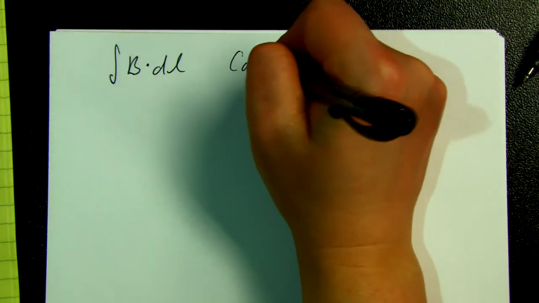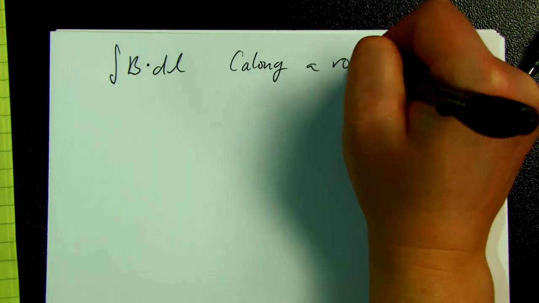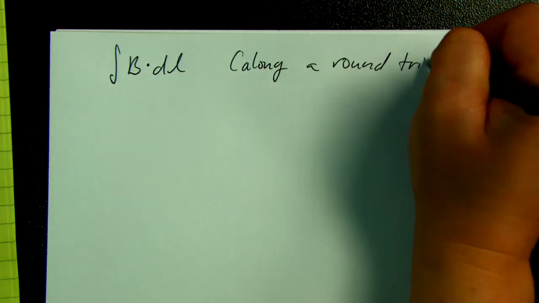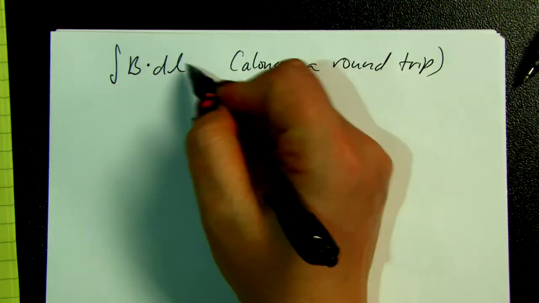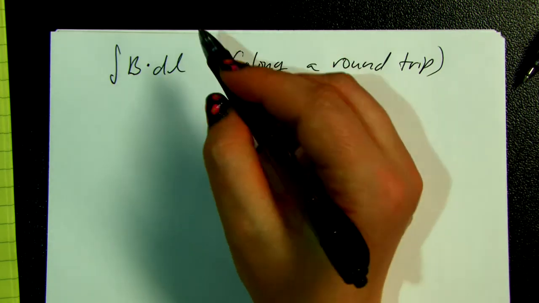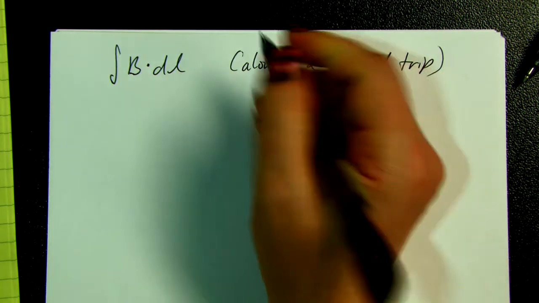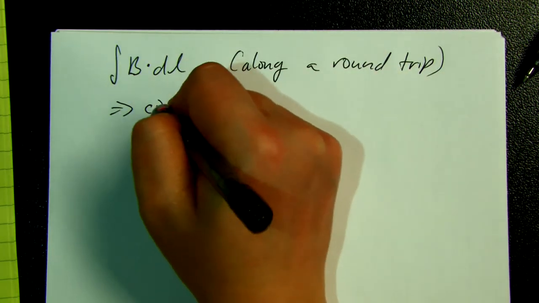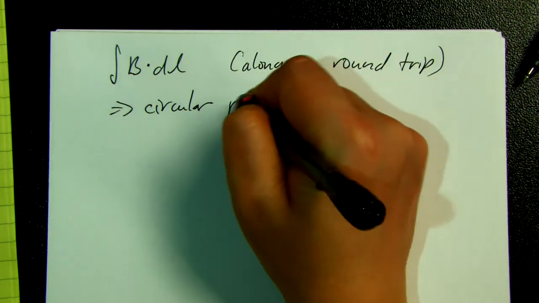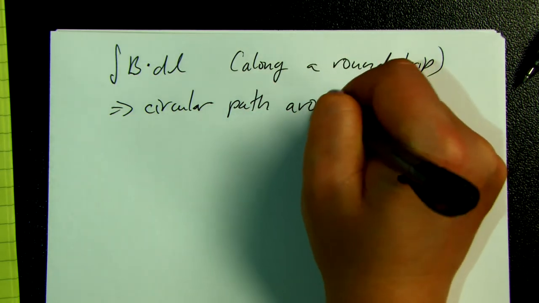So this is along a round trip. And again, those of you who are not in the calculus-based class, dl is just going to be the length of your path. So we're just doing geometry. In this case, we looked at a circular path around a wire.